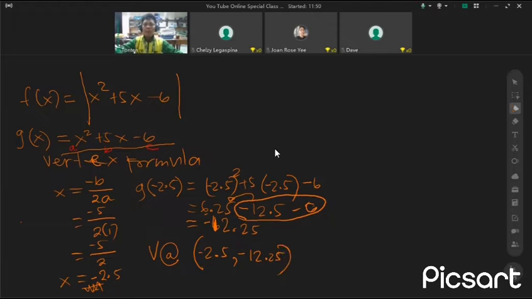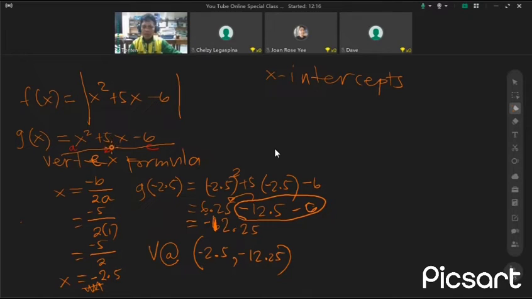Next is to find the x-intercepts. As I said a while ago, finding intercepts in an absolute value function is different from finding intercepts in rational functions, wherein we just set y to 0.